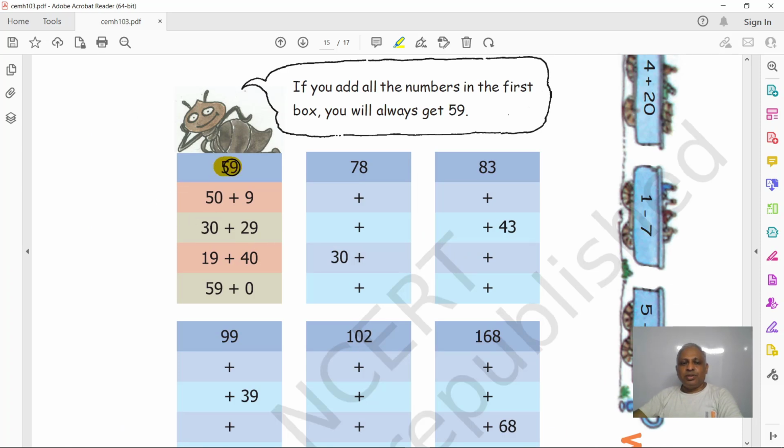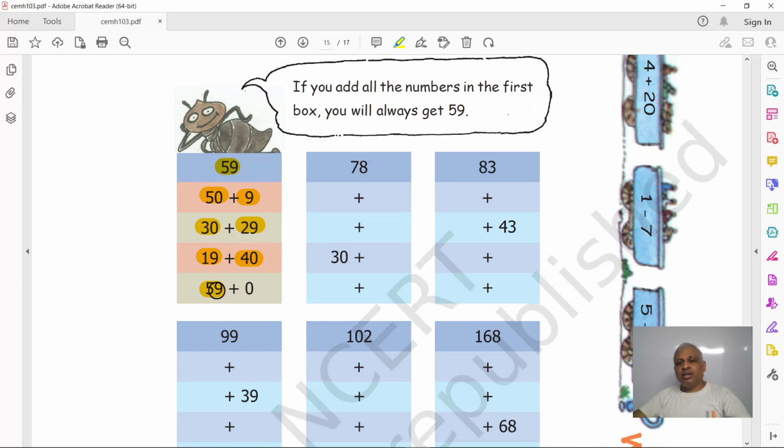See, the number is 59 here. 59 you can write like 50 plus 9, and you can write 30 plus 29. 30 plus 29 is also 59. 19 plus 40. 59 plus 0.